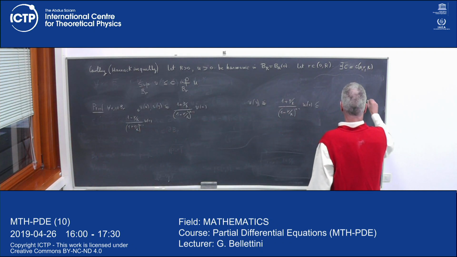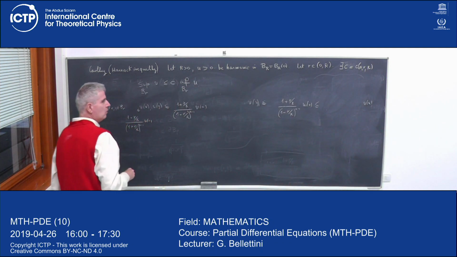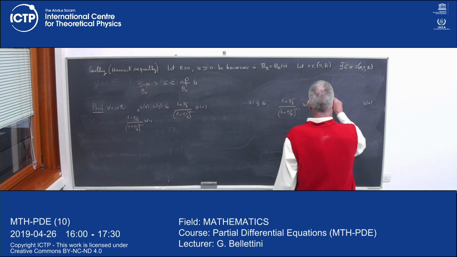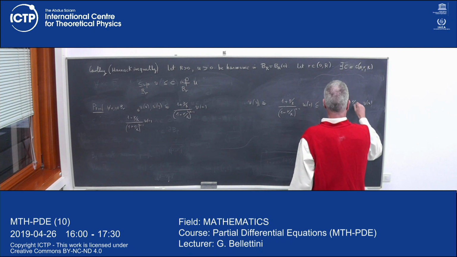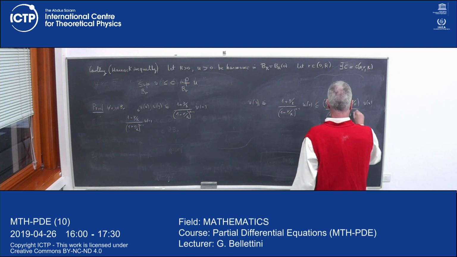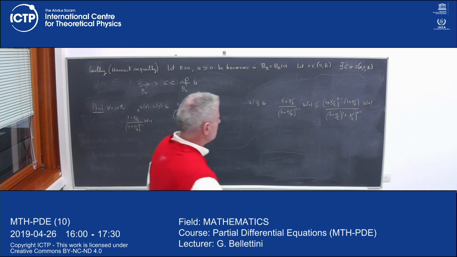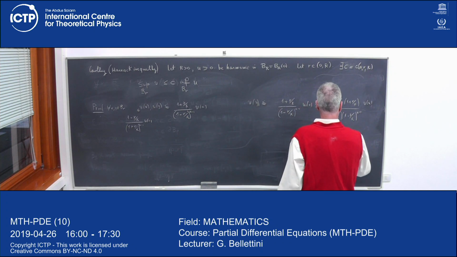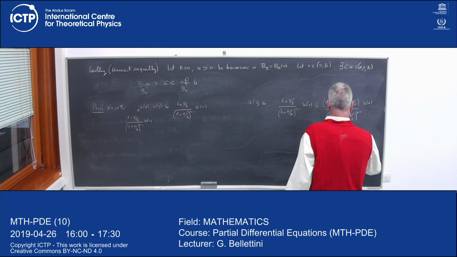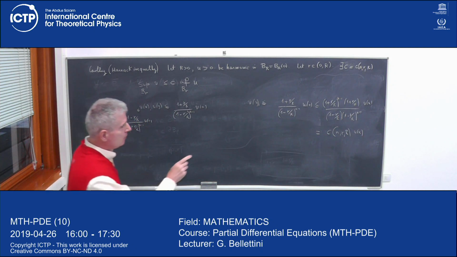So we can write an inequality between the oscillation between u of x and u of y. So you find this constant. For any x, for any y, we have this inequality with this constant here.